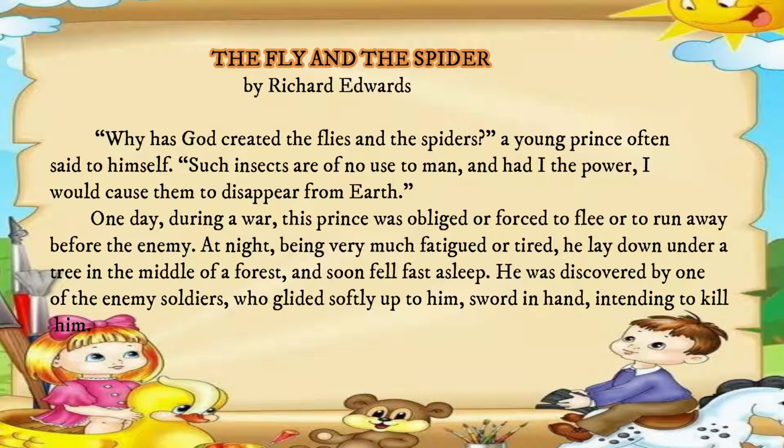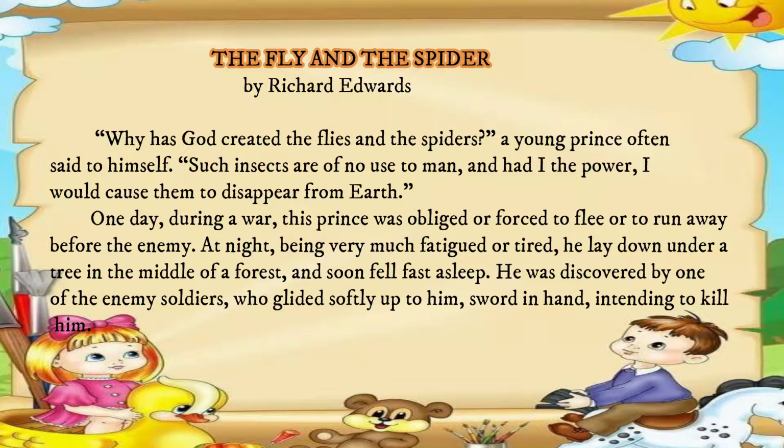At night, being very much fatigued or tired, he lay down under a tree in the middle of a forest and soon fell asleep. He was discovered by one of the enemy soldiers, who glided softly up to him, sword in hand, intending to kill.